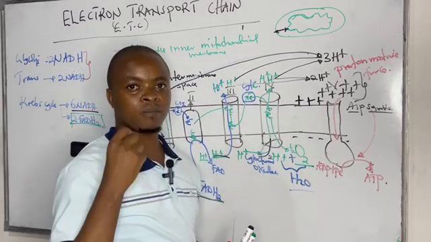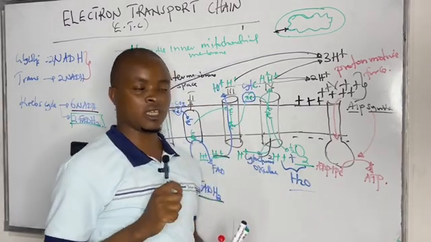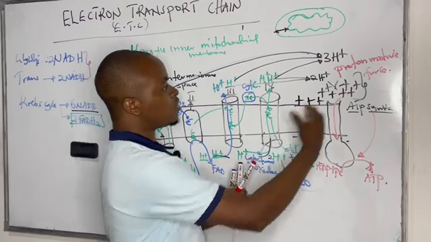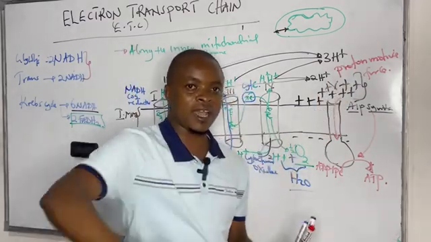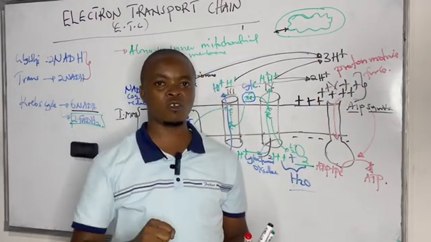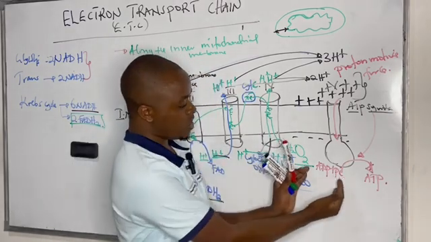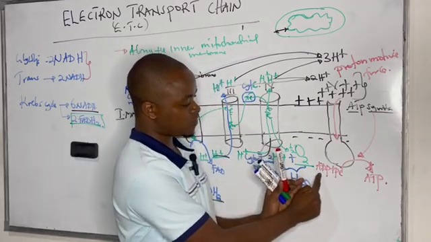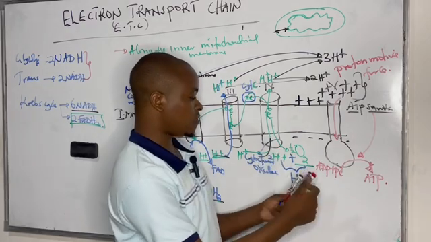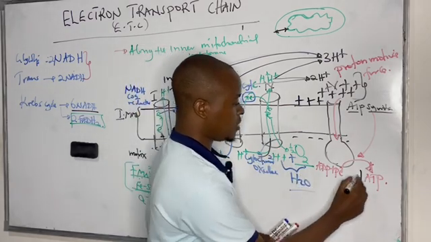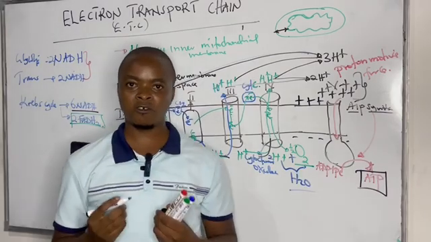Some books call it F1, F0, ATPase. This force creates a high speed spin of complex 5, and because of this high spinning, it causes the combination of adenosine diphosphate plus inorganic phosphate to form ATP. And this is how ATP is formed in our body.